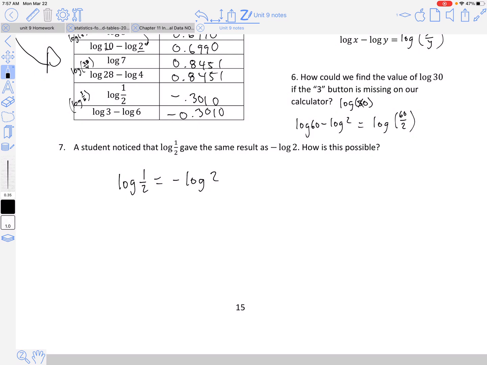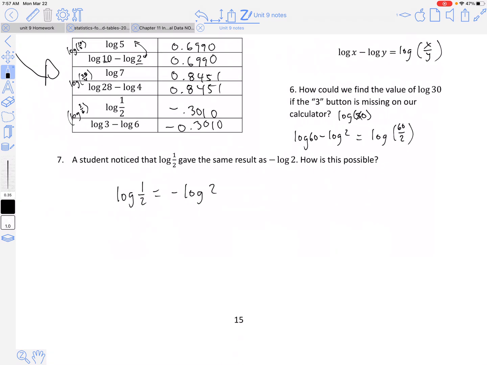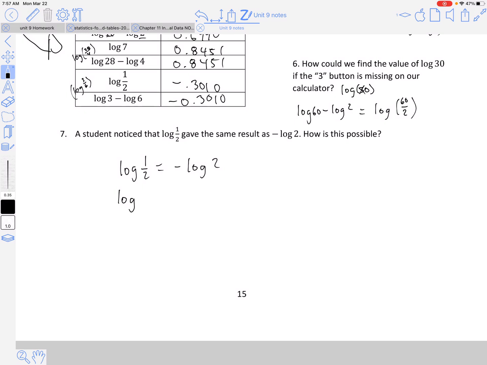All right, so if we use that rule that we have up in number 5, we know that log of x over y equals log of x minus log of y. So let's plug in those numbers. Log of 1/2 equals log 1 minus log 2. So we're really close, but the question is, where did log 1 go, right?